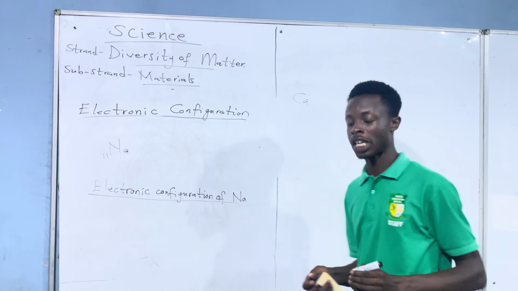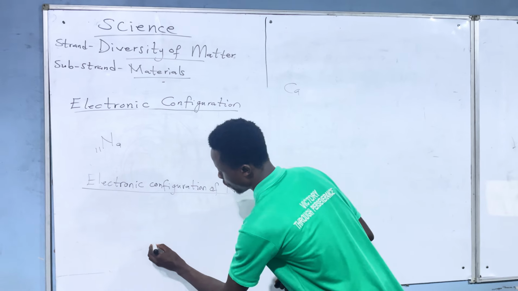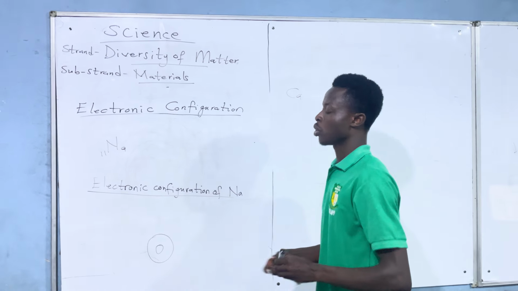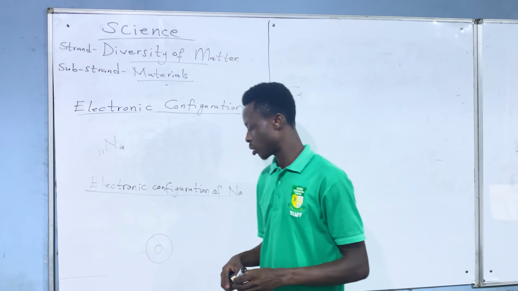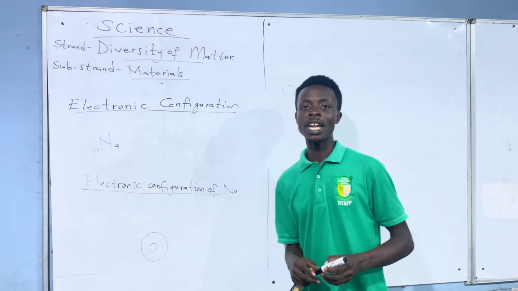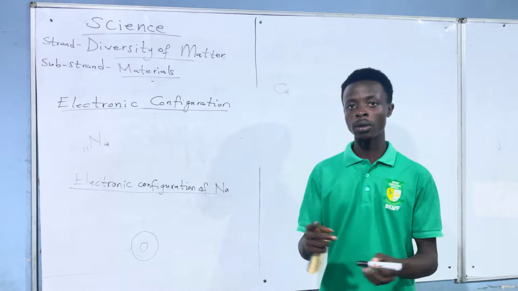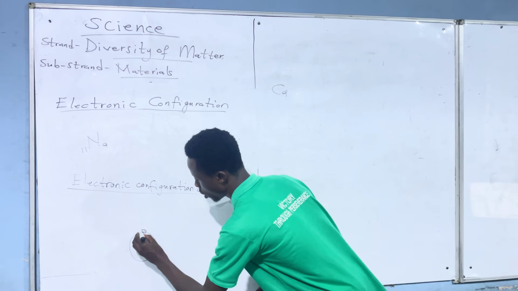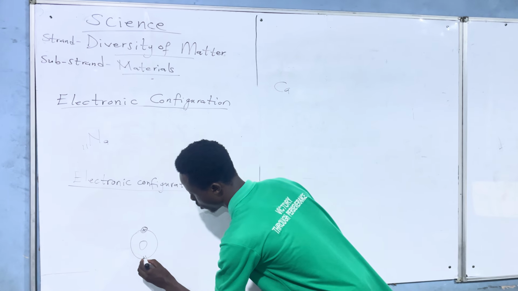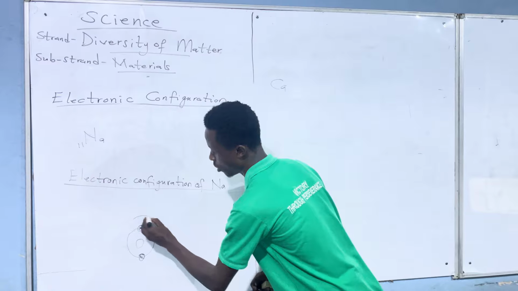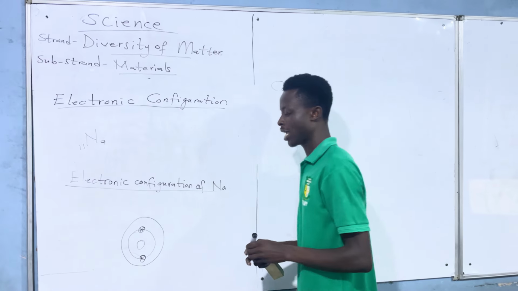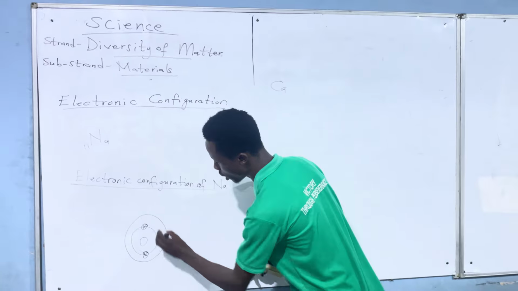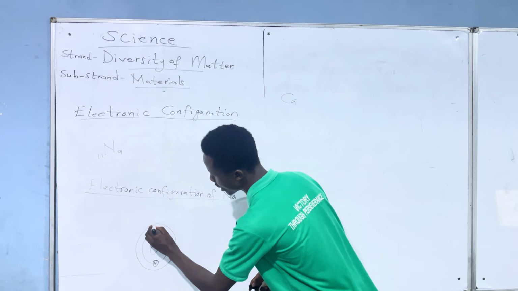Then you draw it nicely. We are going to draw the first shell. So this is the nucleus and then the first shell. Sodium has 11 electrons. Following the rules, the first shell takes 2 electrons, so we represent the 2 electrons on the shell. The next shell, the L shell, takes 8 electrons.